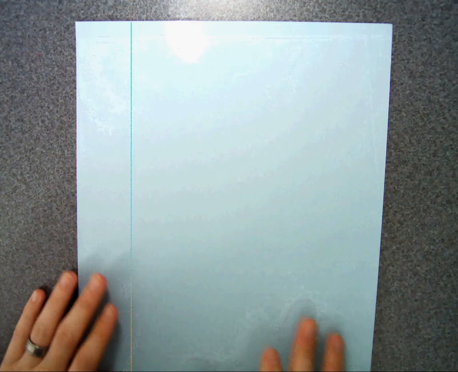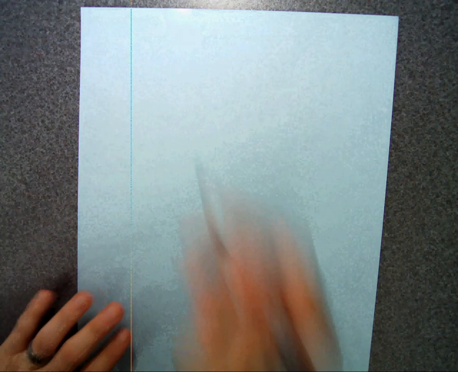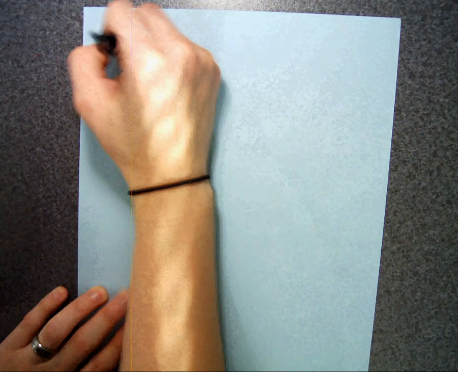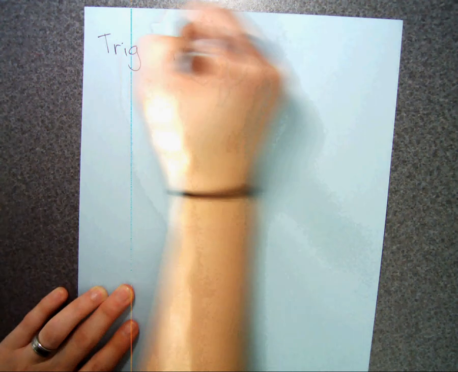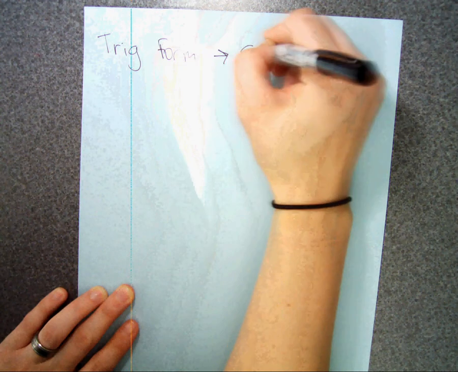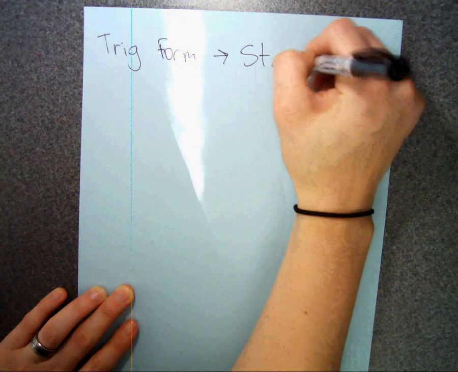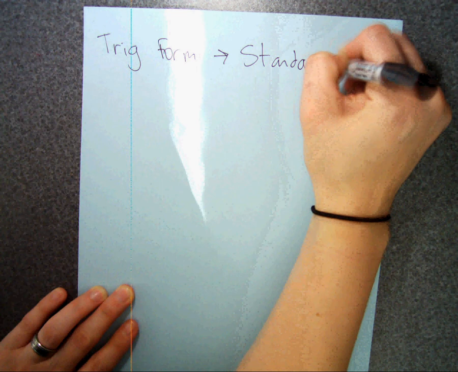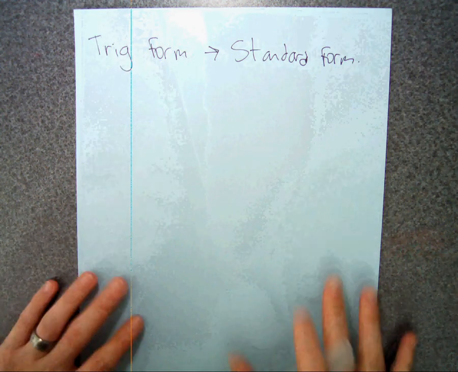Alright, so going the opposite direction, say I have the trigonometric form of a complex number and I want to rewrite it in standard form. If I'm going from trig form back to standard form, all the hard work is already done for me.